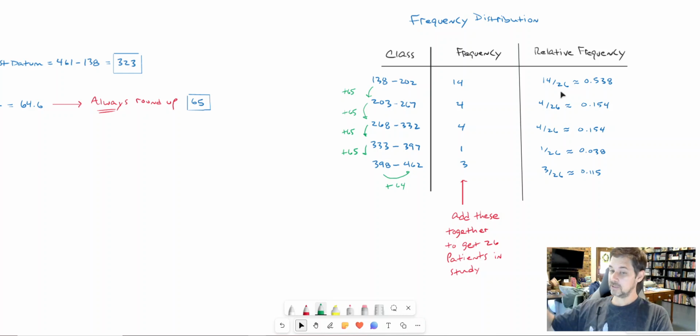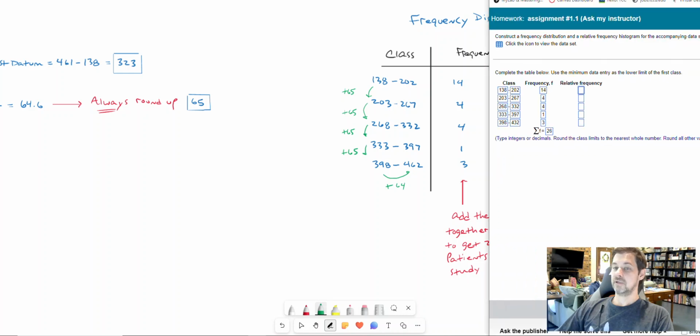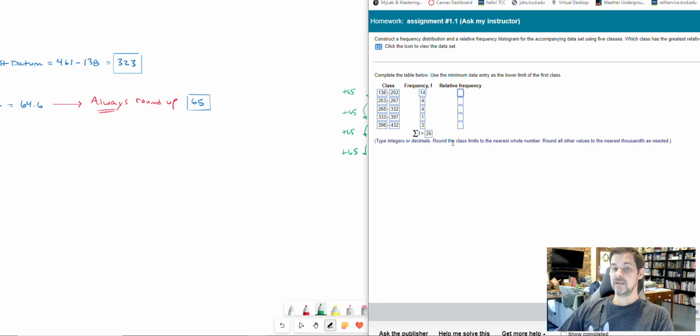There were 26 total. Now when you do that, you can divide each of these numbers and you get a decimal. But just be careful with that. It does say, like for just about every question we see on MyMathLab, round your number to so many decimal places. If I look at these instructions down here, as far as rounding goes, I see round to the nearest thousandth.